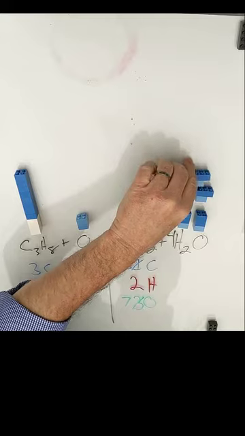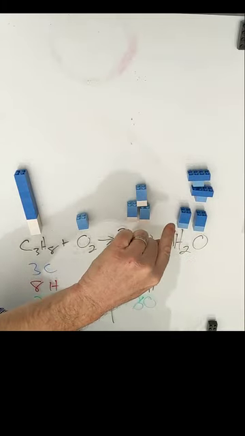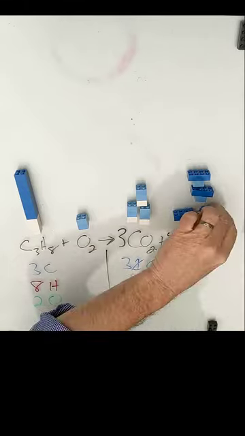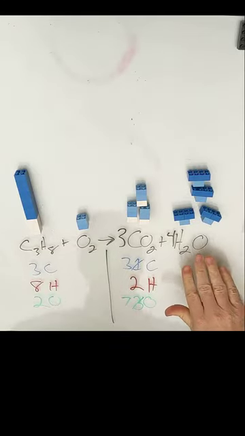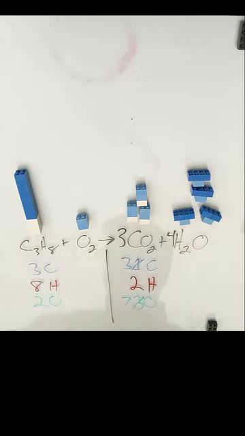Okay, those are 2 hydrogen, so 4 H2O. Okay, we'll make these look the same. Okay, there's your water molecules. So now I have 1, 2, 3, 4, 5, 6, 7, 8 hydrogens.